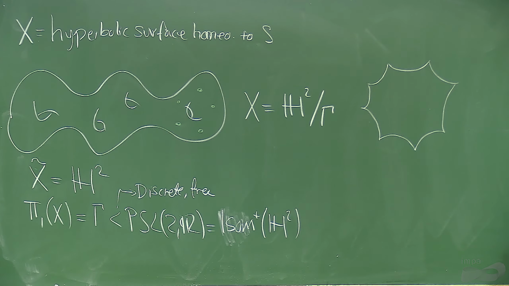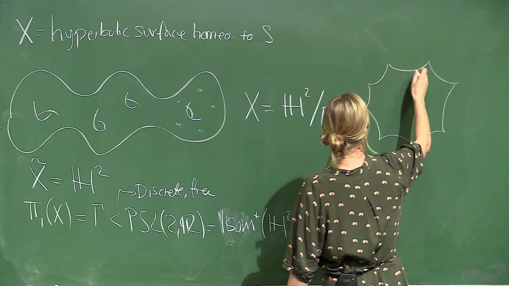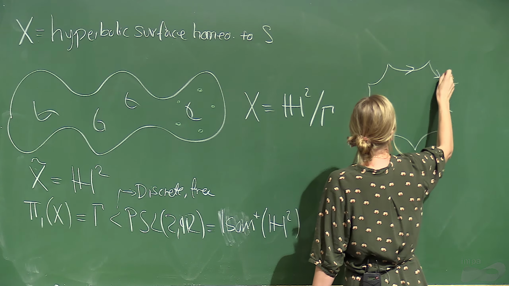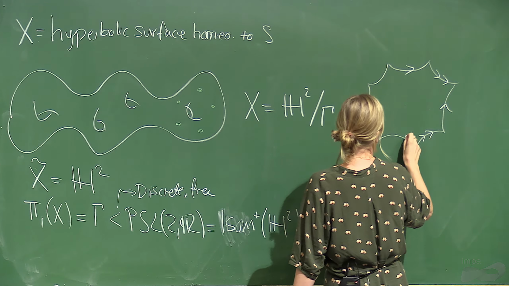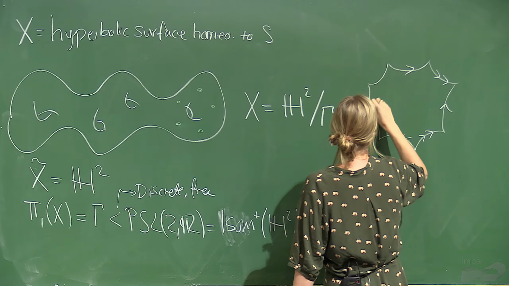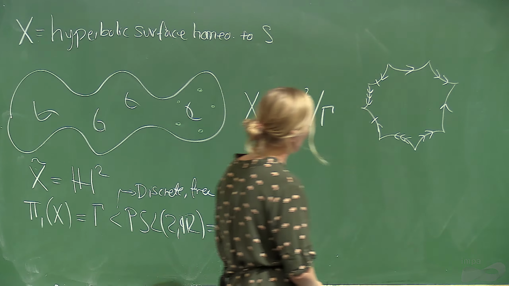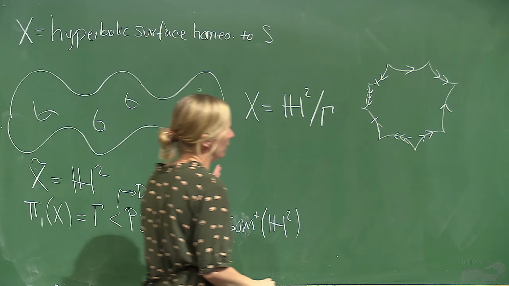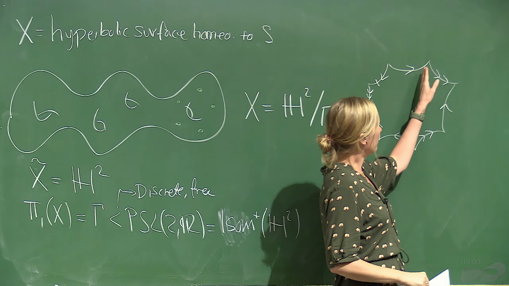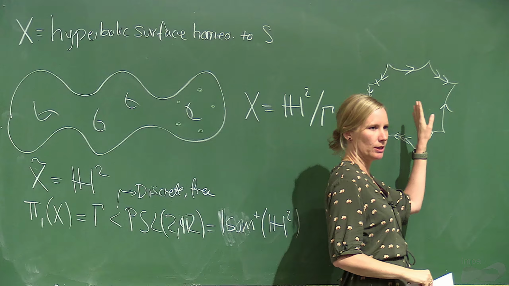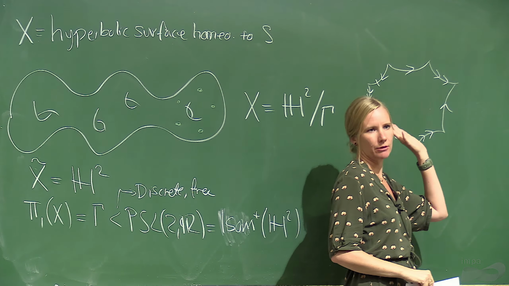Just like you're maybe used to seeing the torus, which is Euclidean, as a square with opposite sides identified. You can do this more generally in hyperbolic space: you glue sides pairwise. And this is the Poincaré polygon theorem: as long as these satisfy certain angle conditions, you will get a hyperbolic surface out of it.